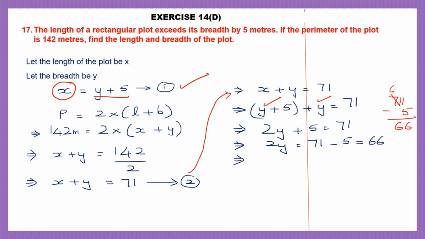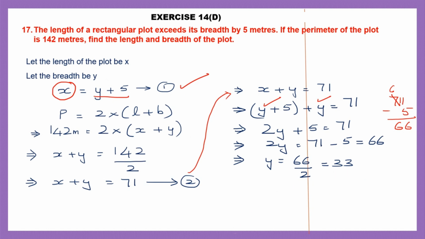That means y will be equal to 66 divided by 2. 66 divided by 2 is 33. So now I know the value of y. And what is y? According to what we have written here, breadth is y. So I have found the breadth of this plot. The breadth of the plot is 33.